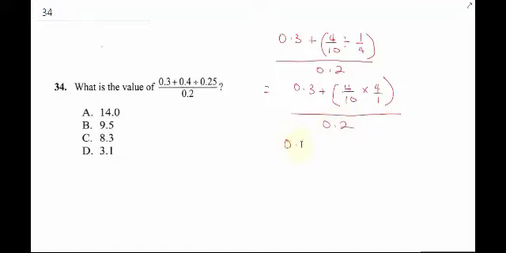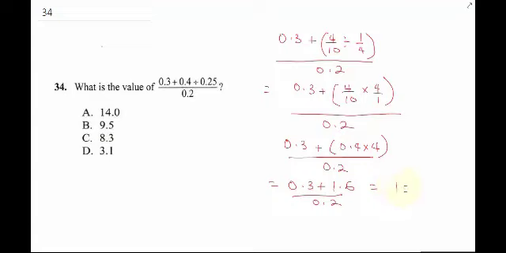So this will give me 0.3 plus, now 4 over 10 is 0.4 times 4, all divided by 0.2. Now 0.4 times 4 is going to give me 1.6, so 0.3 plus 1.6 gives 1.9 divided by 0.2.